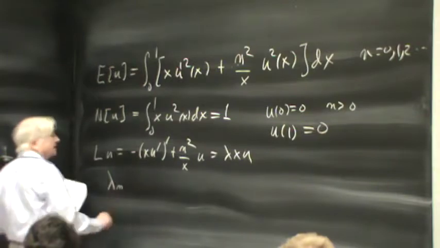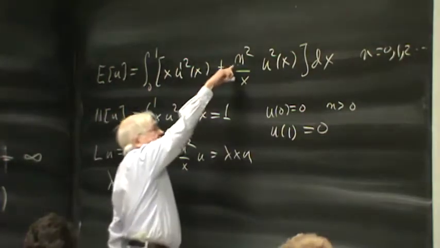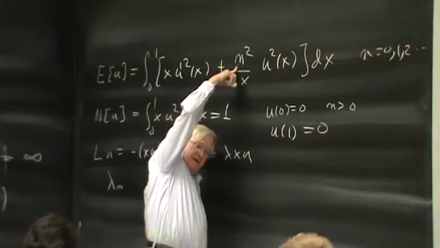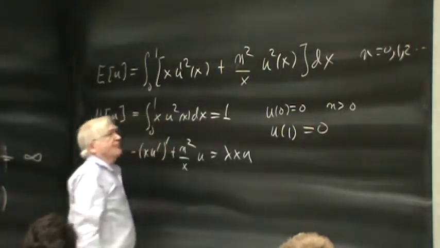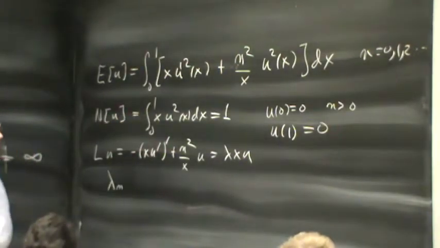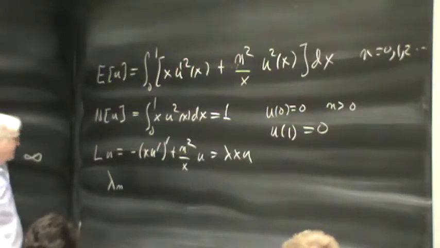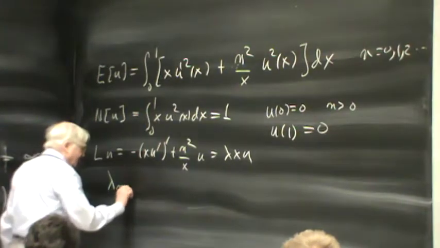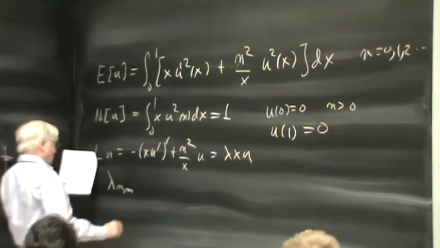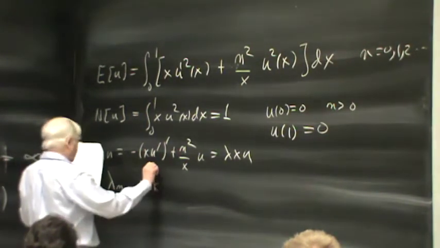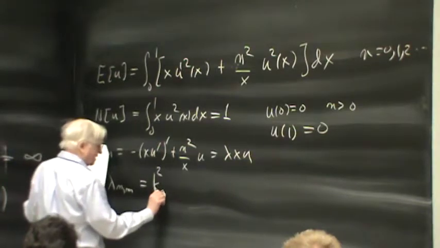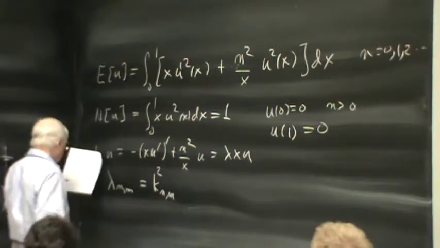Lambda n, that's this n. So n is fixed. In other words, n tells you what Bessel system you're talking about. For a given value of n, you have then various eigenvalues, lambda nm, we're going to call k squared sub nm.